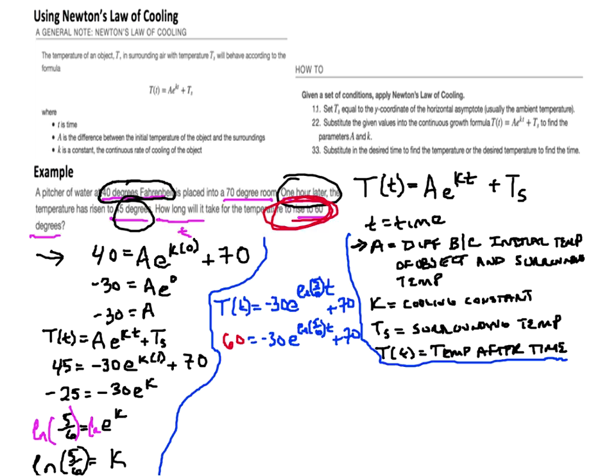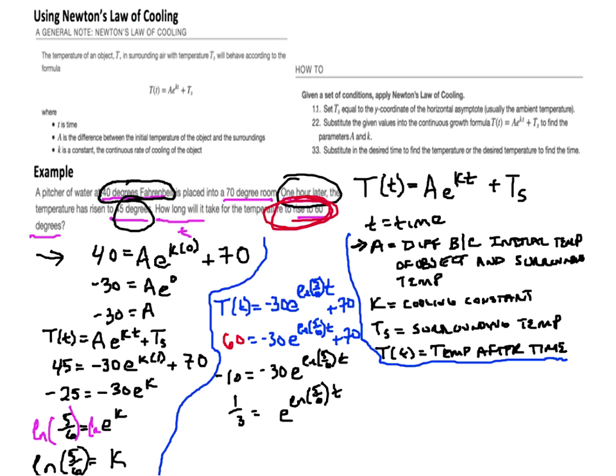So I subtract 70 from both sides, and that gives me negative 10 equals negative 30 e to the ln of 5/6 t. Divide both sides by negative 30, and that gives me 1/3 equals e to the ln of 5/6 t.